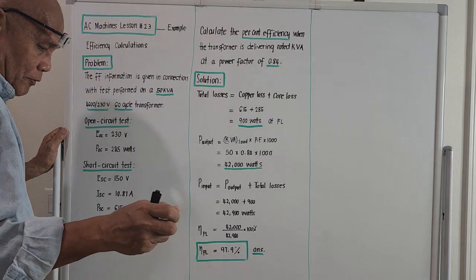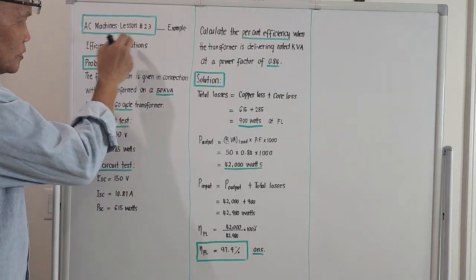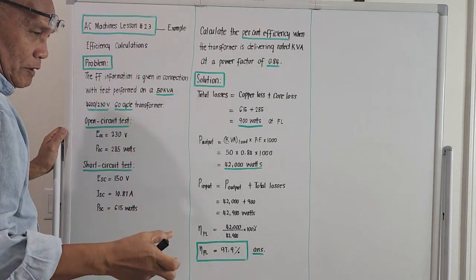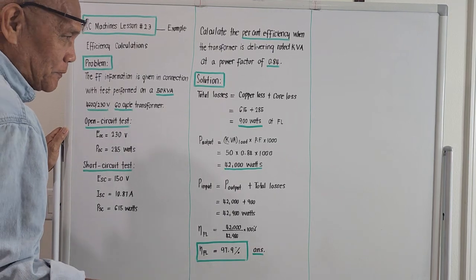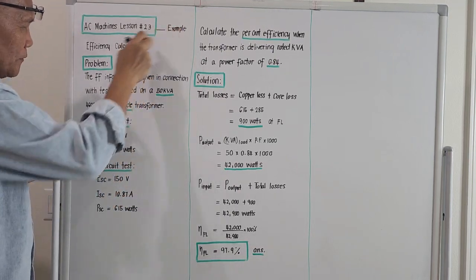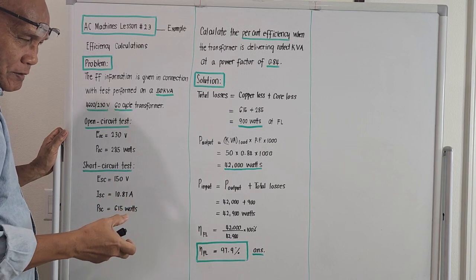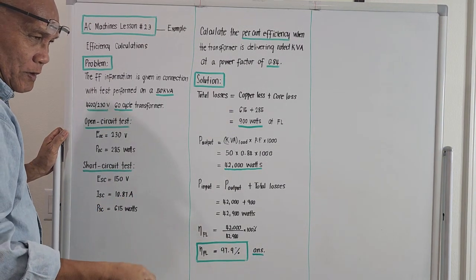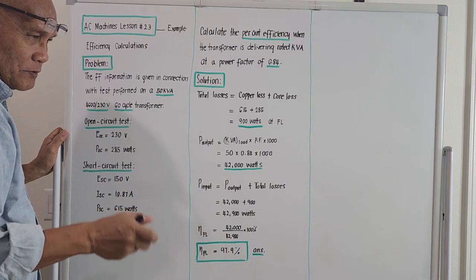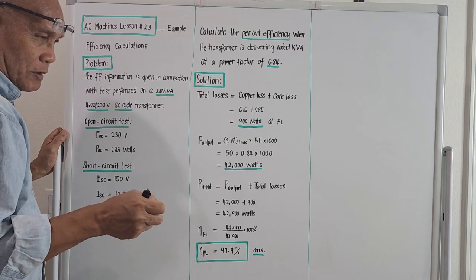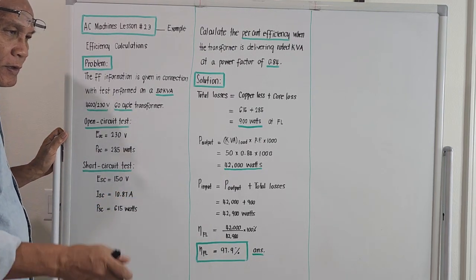The title of the topic for this morning will be AC Machines, lesson number 23, and the topic is example efficiency calculations, meaning we will be solving a problem that involves efficiency calculations for transformers.